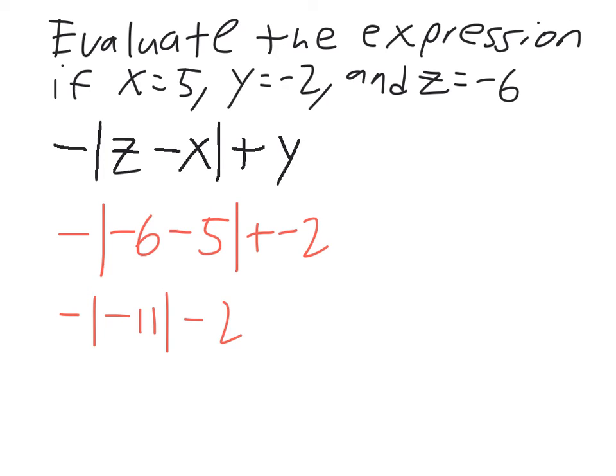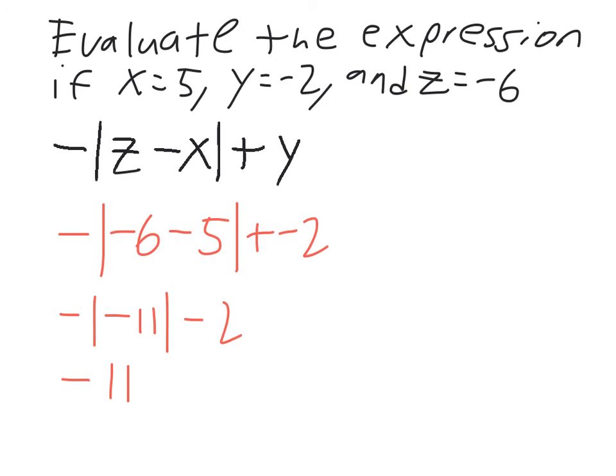So now let's take the absolute value. Notice, though, we still have that negative in front. So that negative still stays there. Then we take the absolute value of negative 11. Because right here, absolute value of negative 11 makes a number positive, so it's 11.